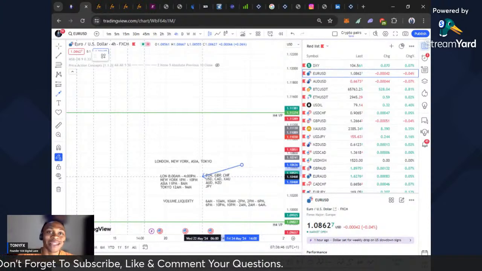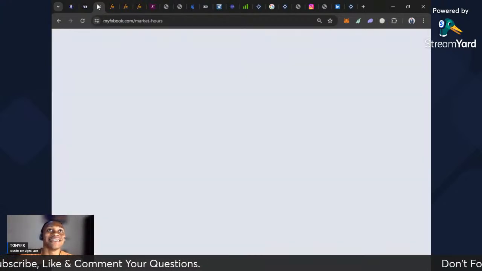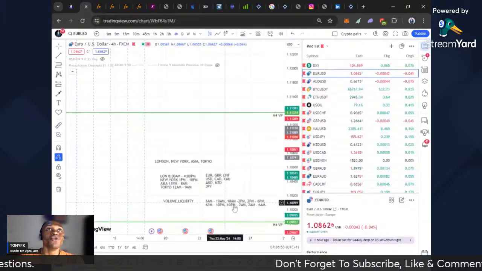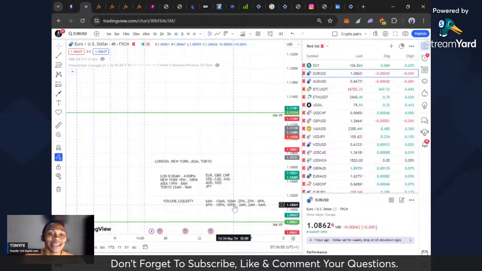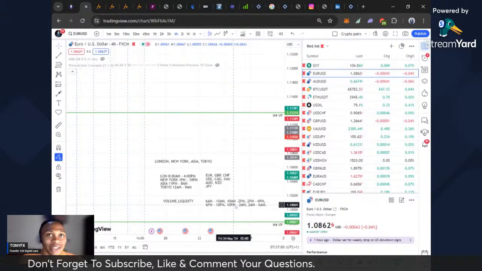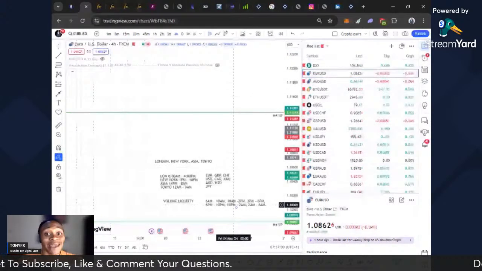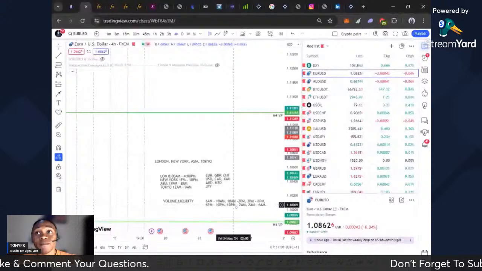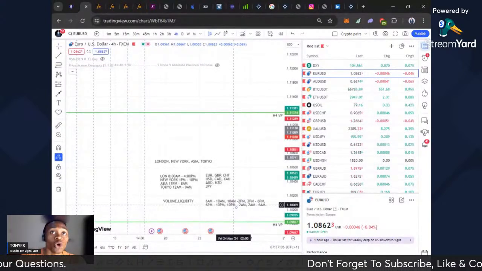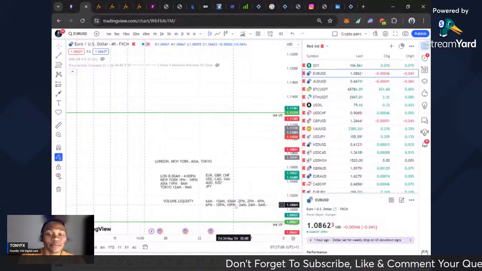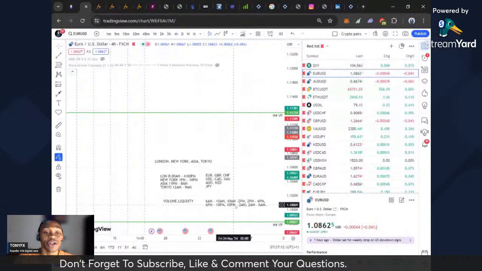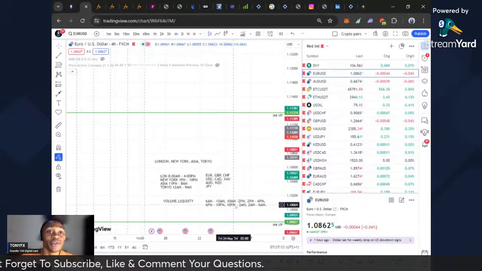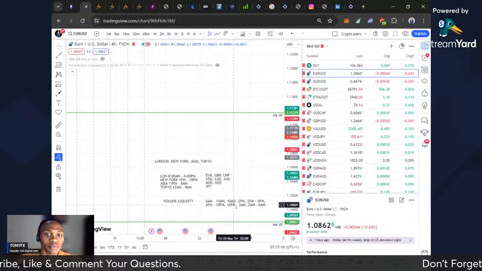Like this morning, I already showed you that a central bank in the Euro area would be talking to us at 8:20, and then at 10 o'clock on the dot we have the interest rate decision and CPI, consumer price index, which has to do with inflation in the Euro area.